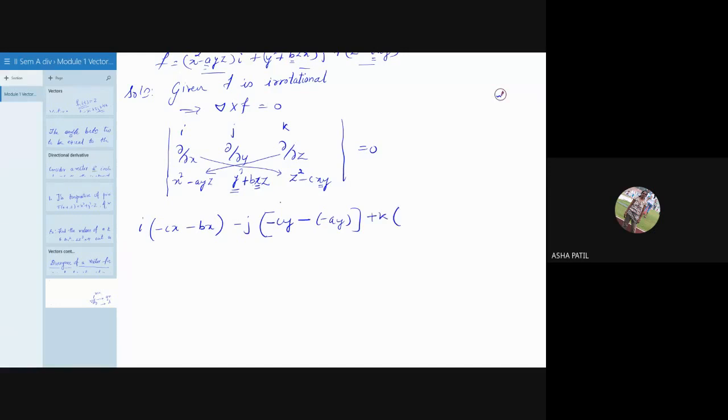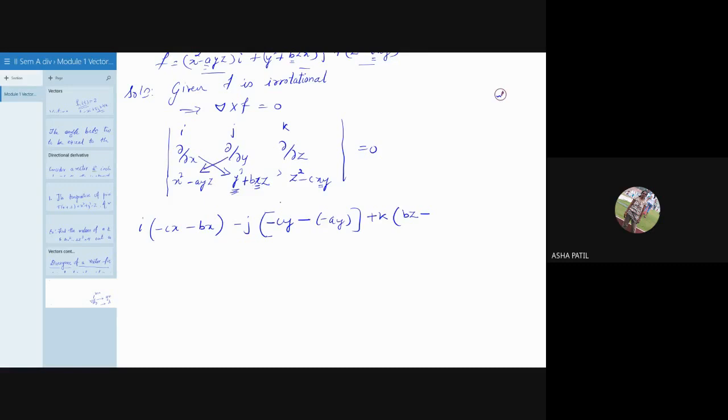What's the derivative next? Derivative of y square plus bzx with respect to x. No x in the first term, y square. So we have bz here. Derivative of x with respect to x is 1. Then minus dou by dou y of this.